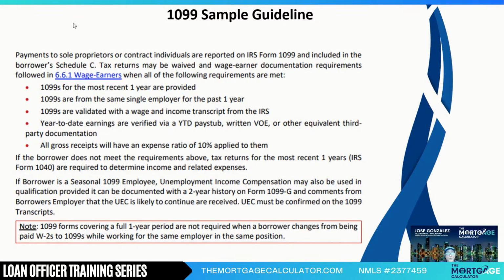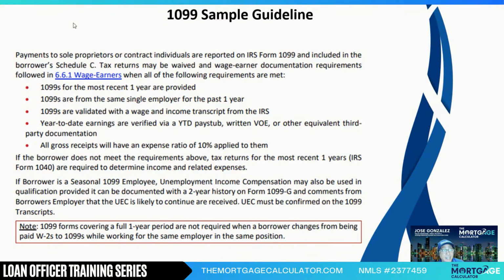So the last bullet point states here, all gross receipts will have an expense ratio of 10% applied to them. What that means is that you can get that 1099 document, and whatever is the gross amount, multiply it times 90%, and that's the borrower's income.